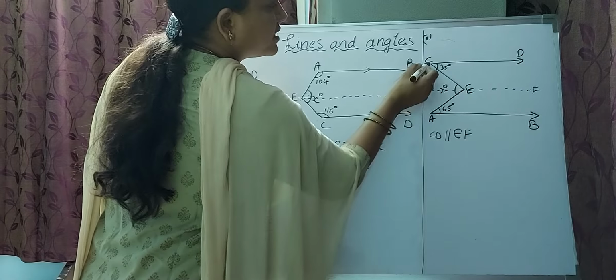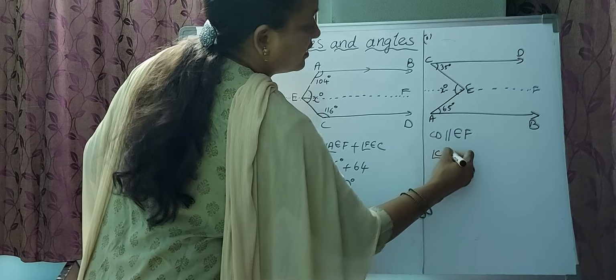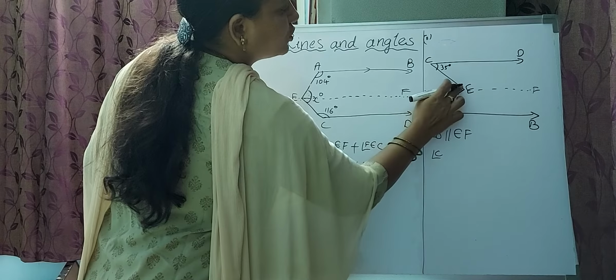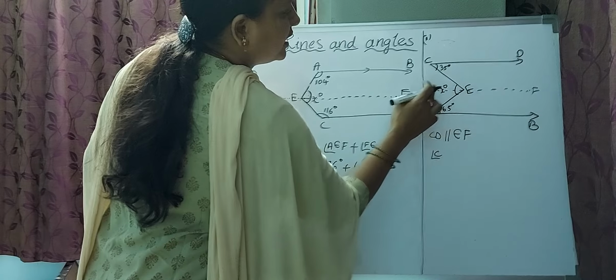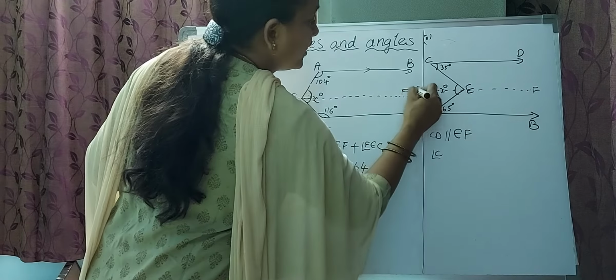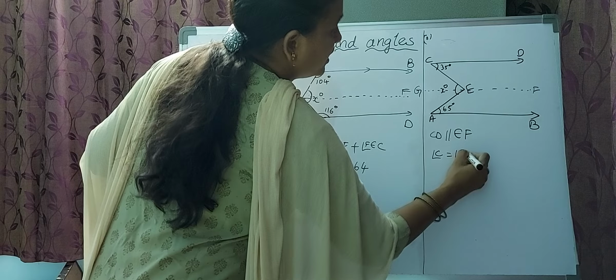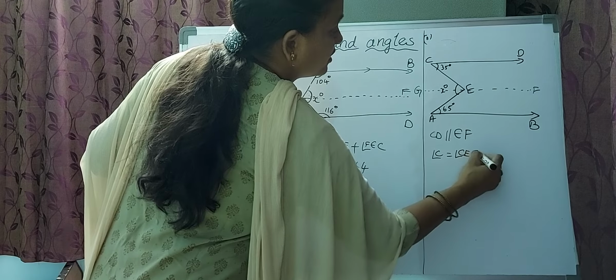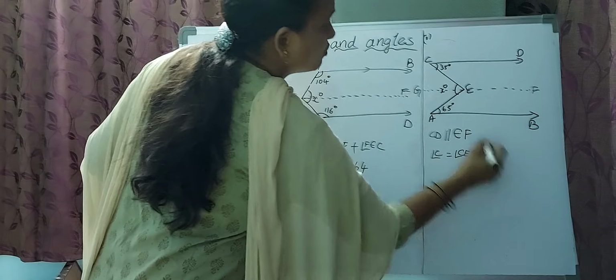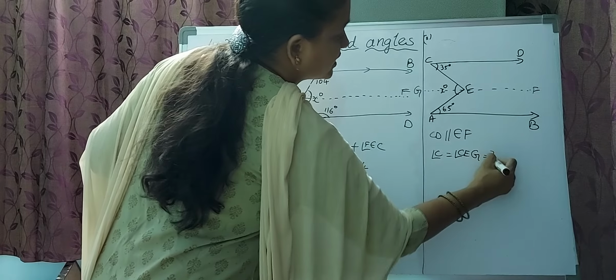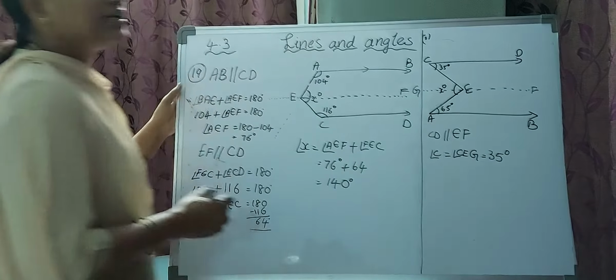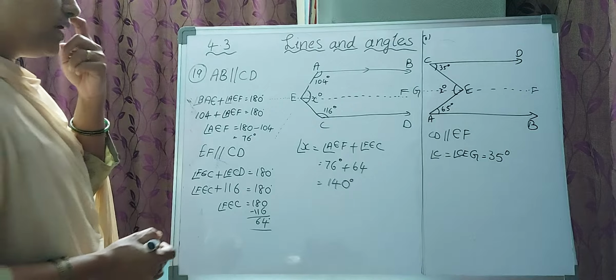So angle C is equal to angle CEG. Here also, write G. Both angles are equal, that's why it is 35 degrees. Interior alternate angles are equal.